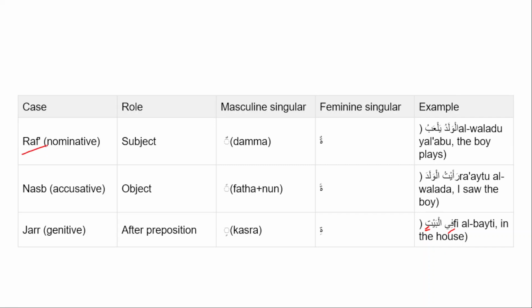So we have raf', nasb, and jarr. Raf' is what we call dhamma, nasb is what we call fatha, and then we have jarr, which is below the letter, for example, fi. So this is raf', nasb, and jarr.